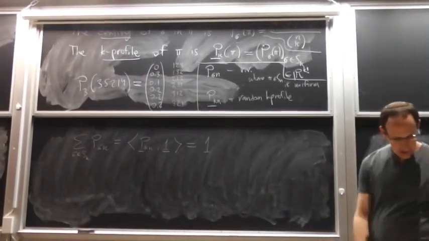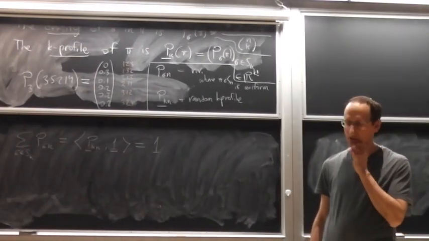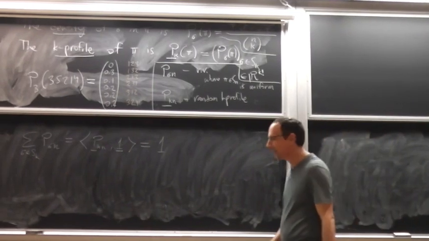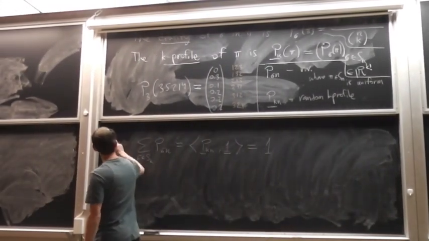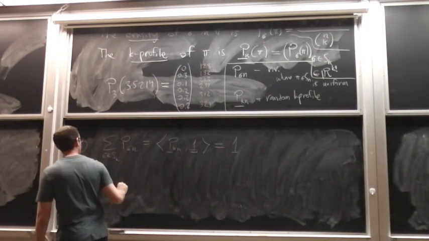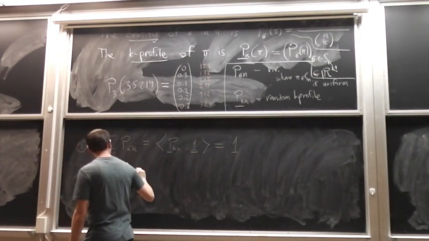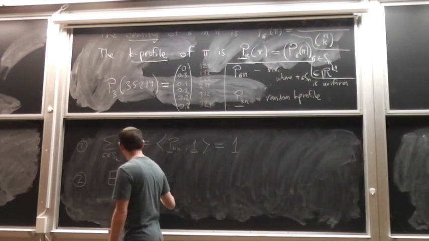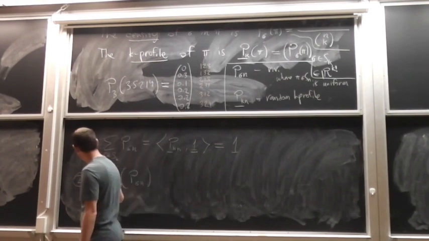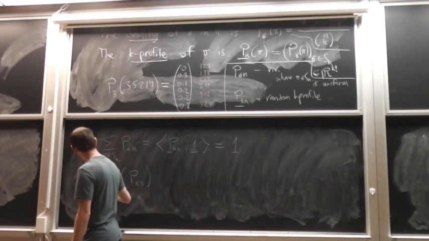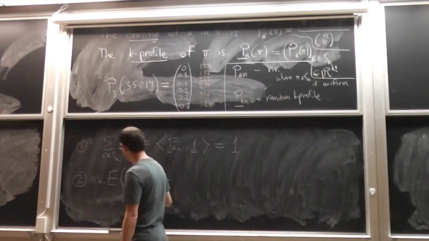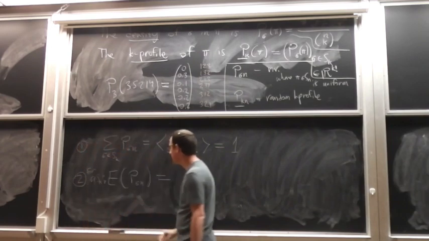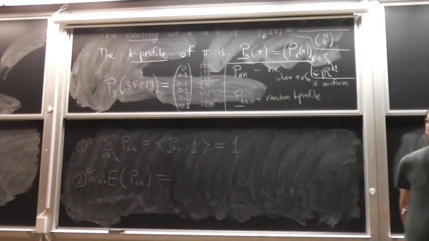Okay, so is it more restricted than that? That's a good question. Let's see some more facts about this random value. So what is the expected value of P sigma n? Let's say that sigma is in Sk. For any sigma in Sk, what is the expected value of its density?